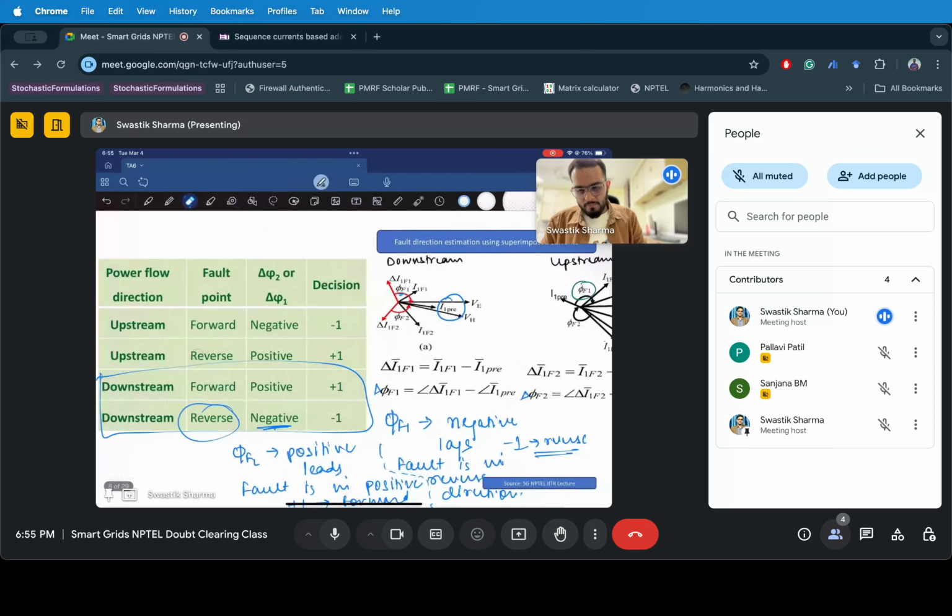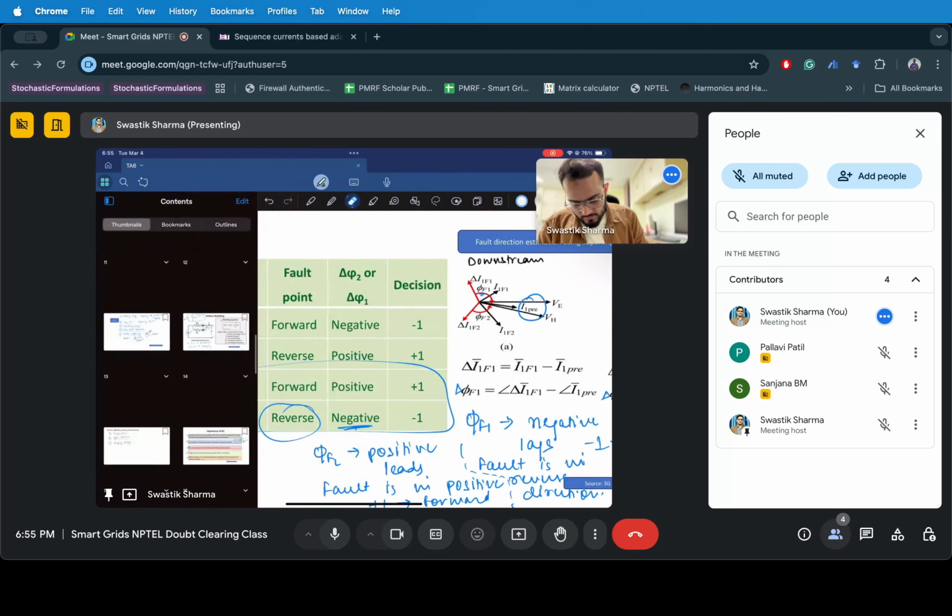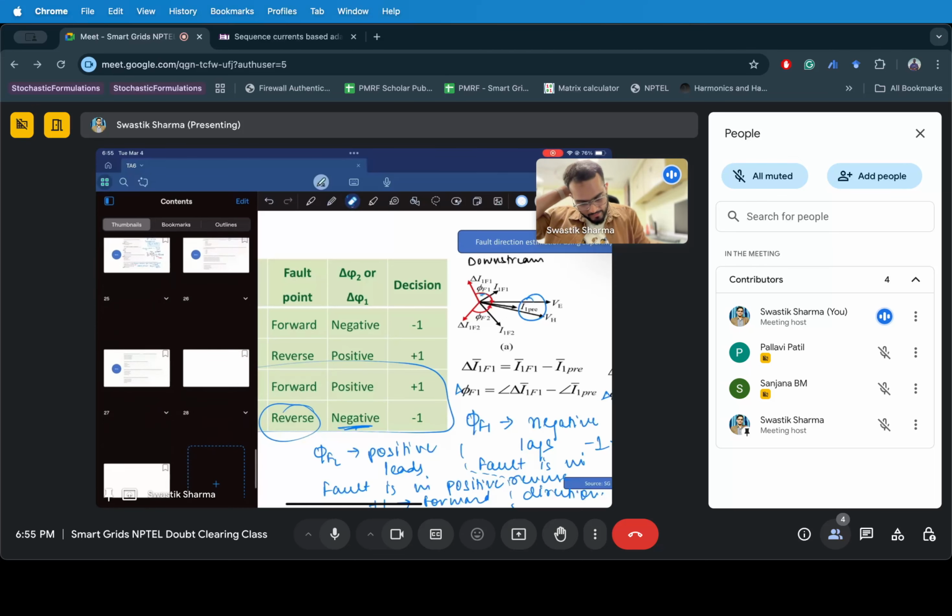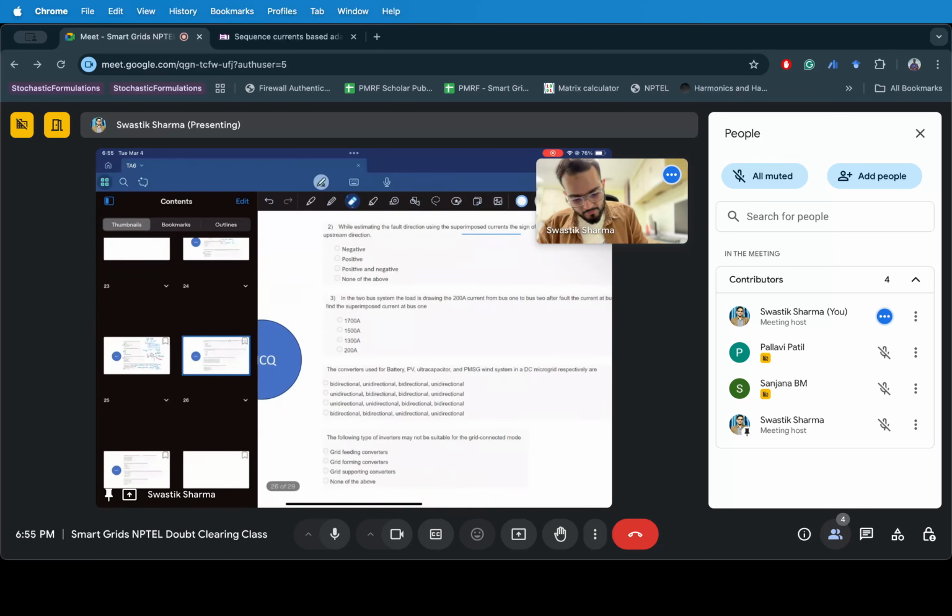So upstream, reverse, what is the sign of delta phi? It's positive, right? So the correct answer to this question would be positive.